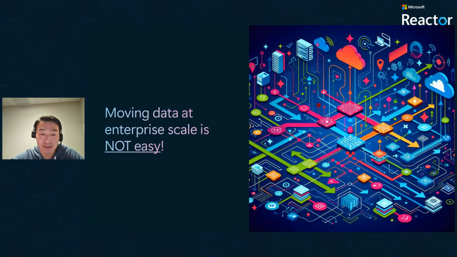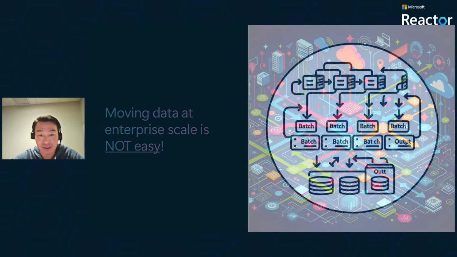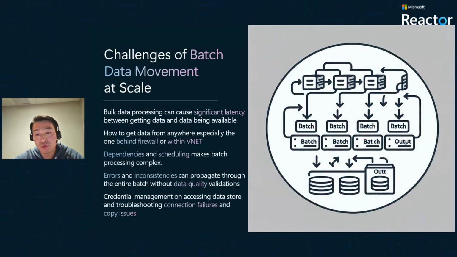So for the next three slides, I'm going to illustrate some of the common pain points when you really start to move your data. In this page, imagine folks like you who may want to move data at terabyte scale or even at petabyte scale.